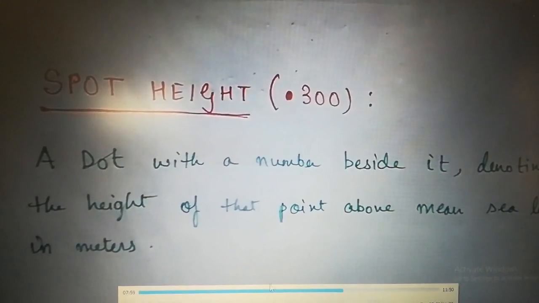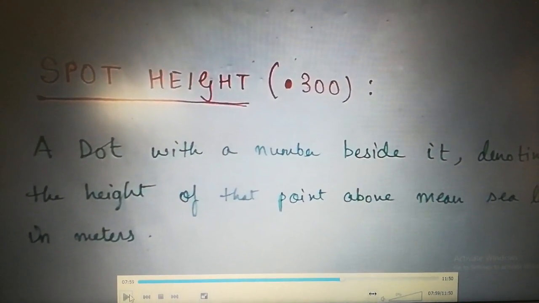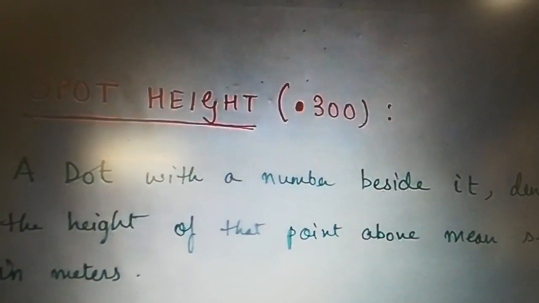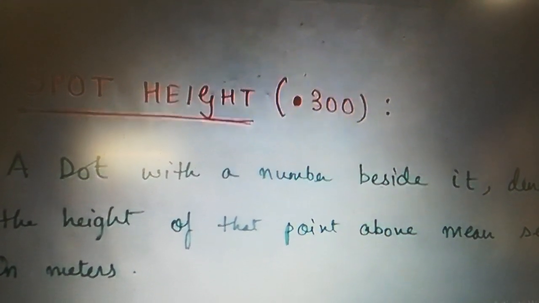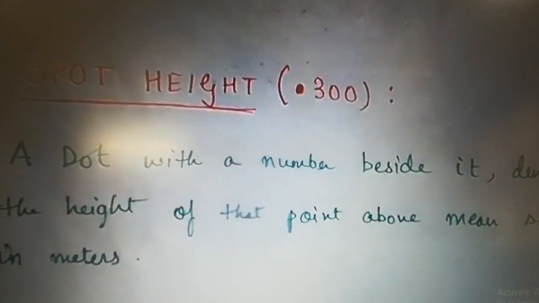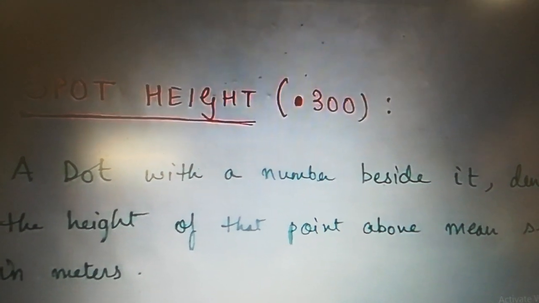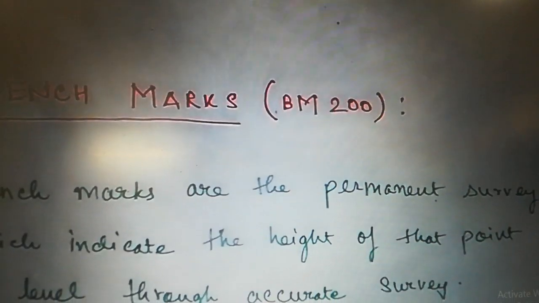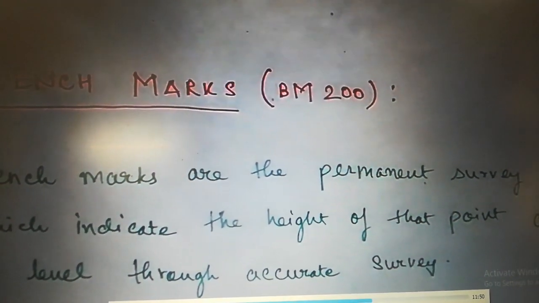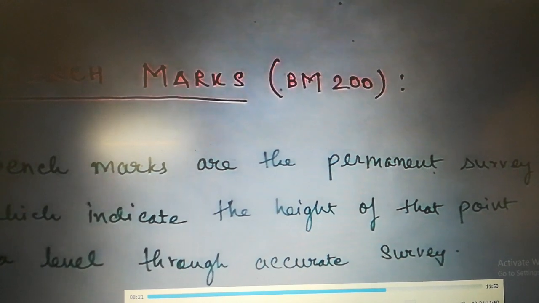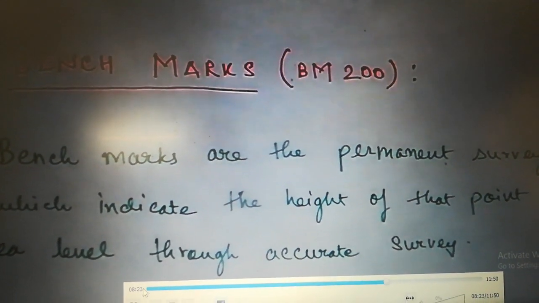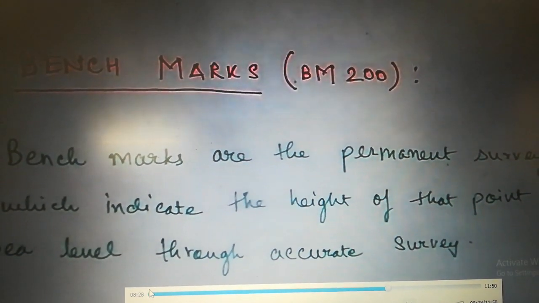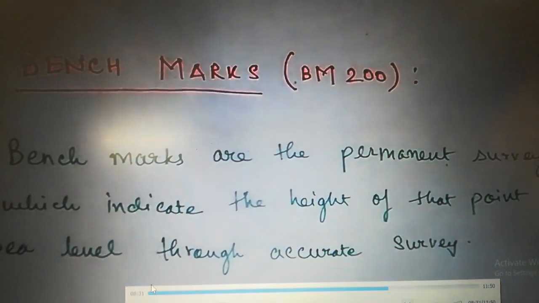Okay, now we can move to the next conventional symbol, the benchmark, BM. On your conventional signs and symbols topo sheet you can see BM. BM means benchmark. Benchmarks are permanent survey points which indicate the height of that point above sea level through accurate survey.